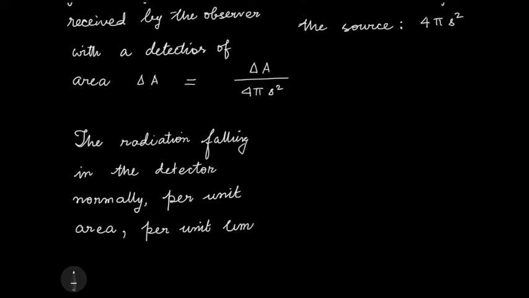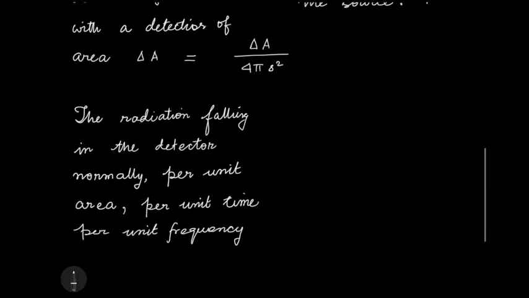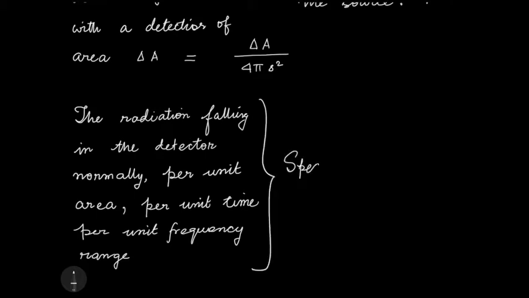And as before, it should be per unit time and per unit frequency range, because otherwise again you will land up with the same problem that we discussed before. So this quantity has a name, it's called specific flux. Specific just because of the same reason of per unit frequency range.